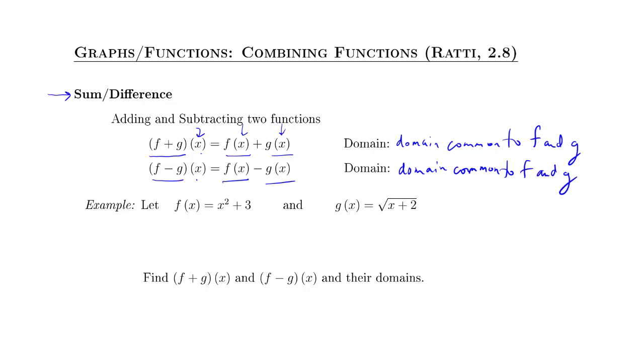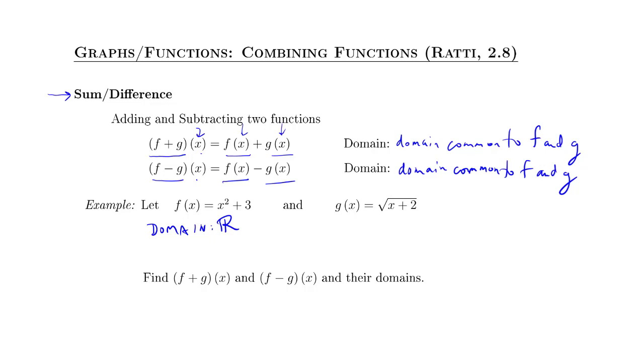So let's look at an example and see how this would work. Let's say we have f of x is x squared plus 3, and g of x is the square root of x plus 2. Let's first talk domains. All right, the domain of x squared plus 3, is there any restriction on what values can go in there? No, it's a polynomial. It can take all real numbers.